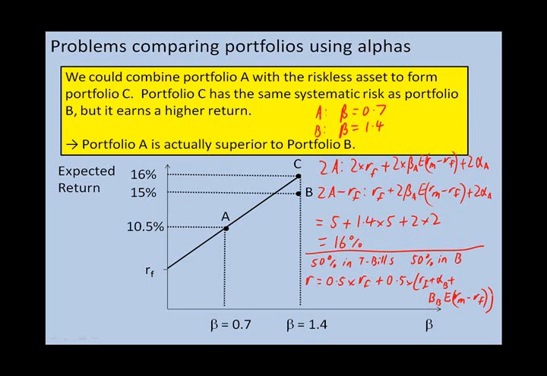If we do this calculation, or simplify it, we get that the return is equal to RF plus a half, all times the alpha on B plus the beta for Portfolio B times the expected market risk premium.